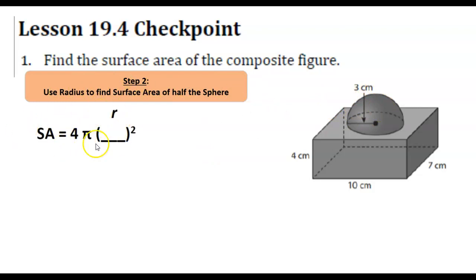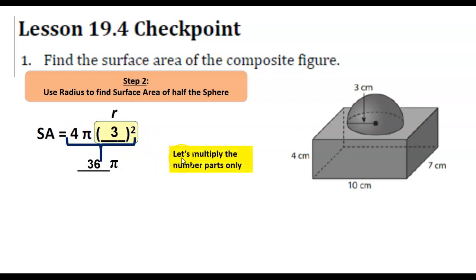So here's for a whole sphere, just so you know. So they tell us our radius is 3. We're going to work this out. It's 4 times 3 times 3. 36. Now, let's multiply the number parts only, which we just did. Since it's only half, let's only use half.